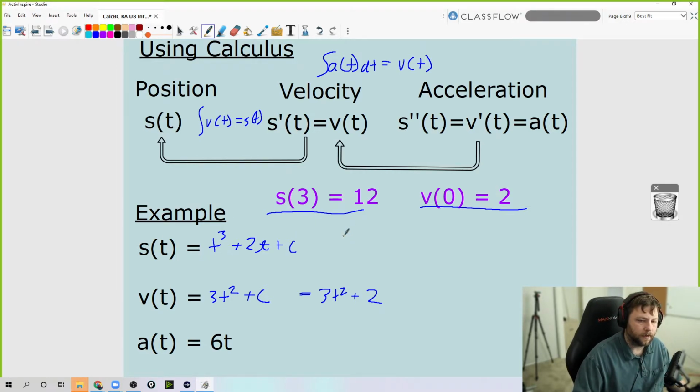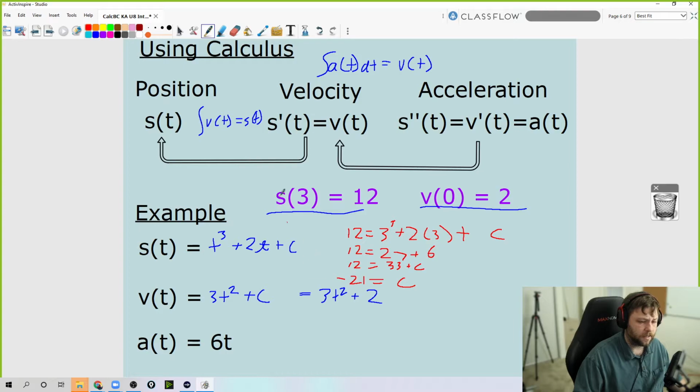So I would say 12 is equal to 3 cubed plus 2 times 3 plus c. 3 cubed is 27, plus 6, that's going to be 33. And then you subtract 33 and you would get negative 21 is equal to c.